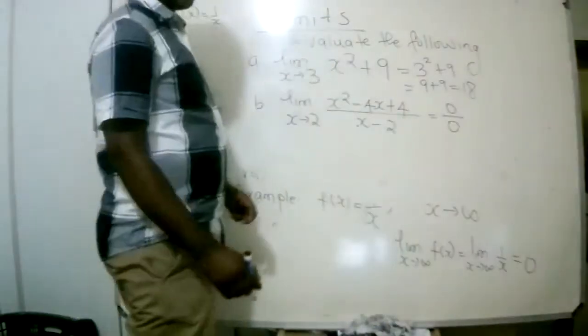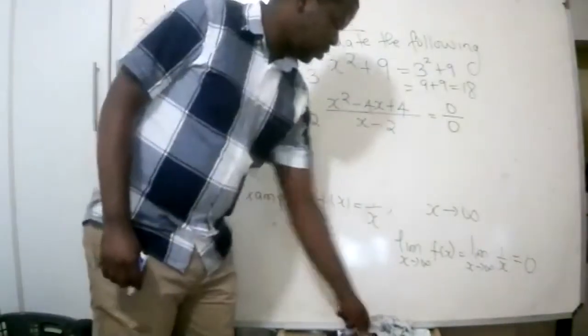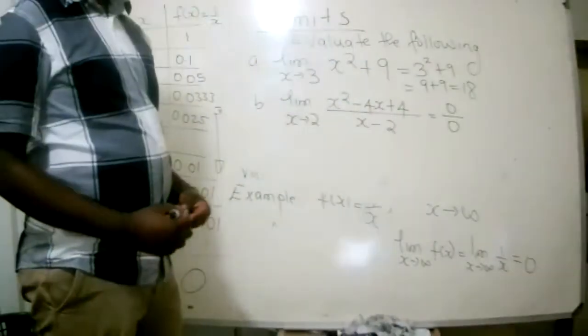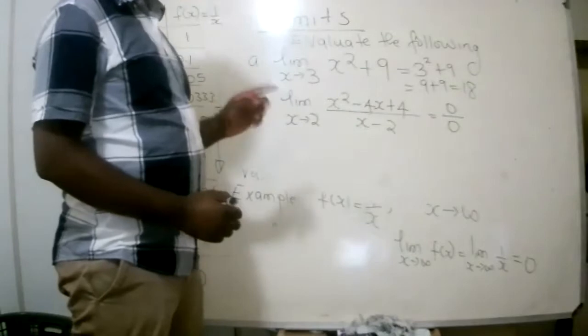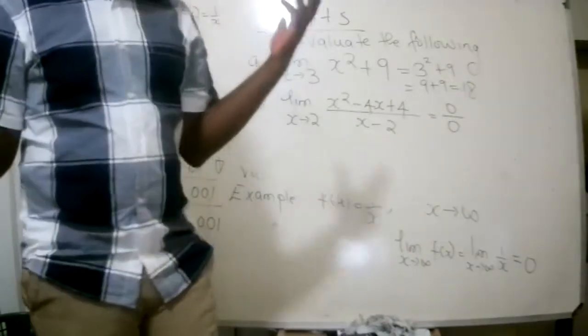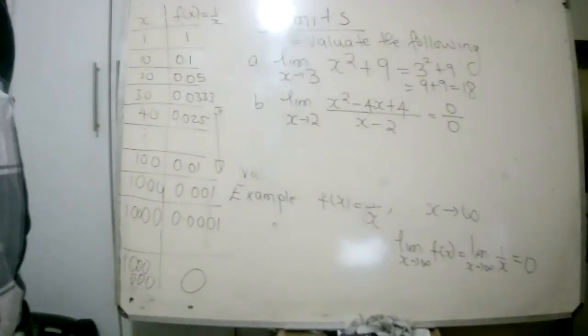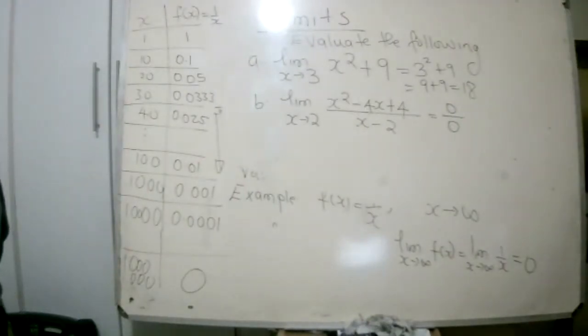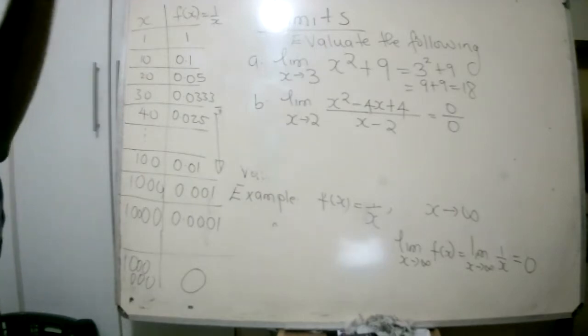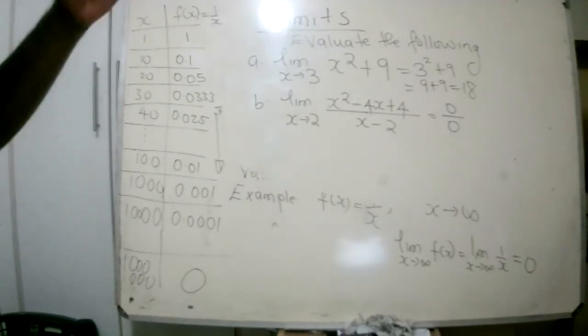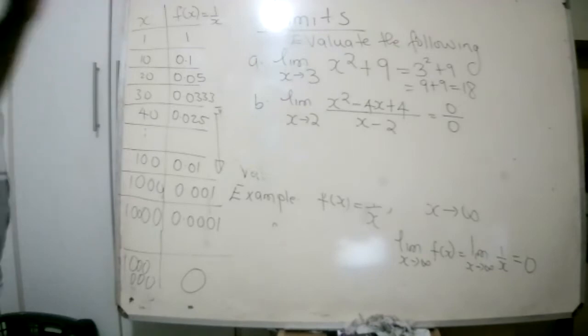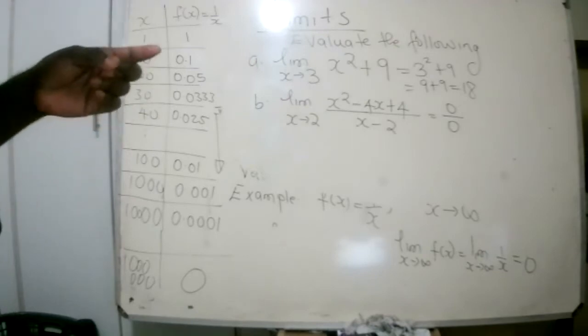Any number divided by 0 is what? Let's take for an example, 10 divided by 0. What is 10 divided by 0? It's undefined. Yes, so whenever you have a denominator of 0, you have an undefined answer.